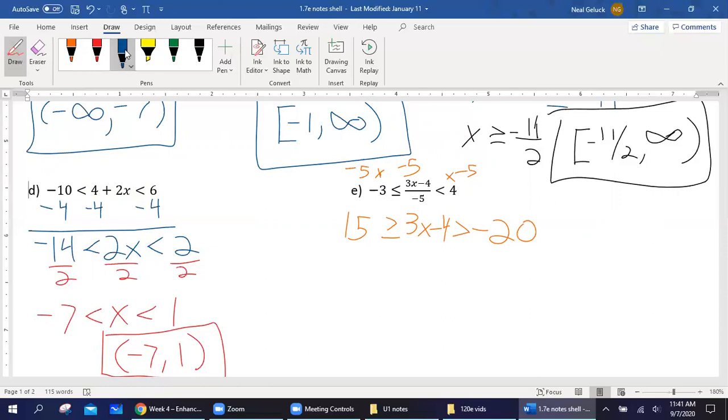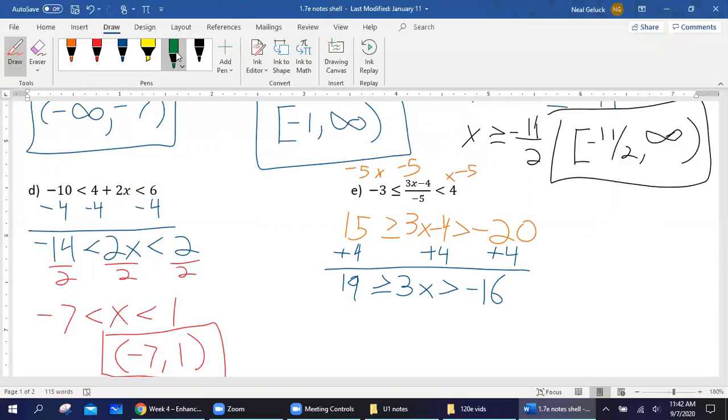If I add 4, and then divide by 3, I'd have 19/3 greater than or equal to x greater than negative 16/3.